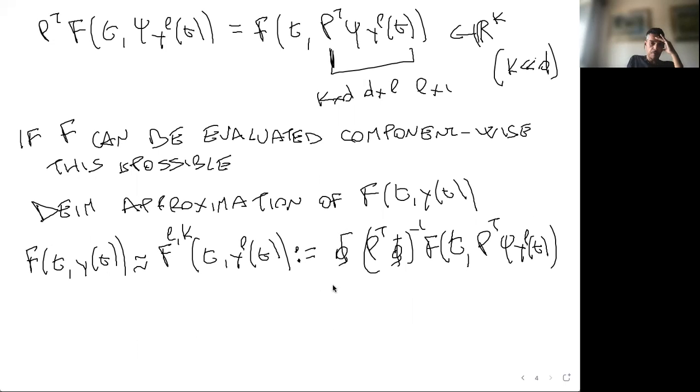Φ is a matrix, what is the dimension of Φ? This is d by k, k by k, and this is going to be k. That's what we want, because f should be of dimension d by k.